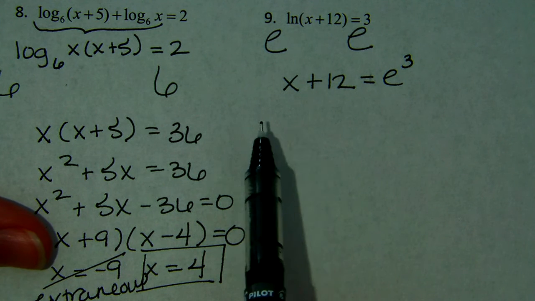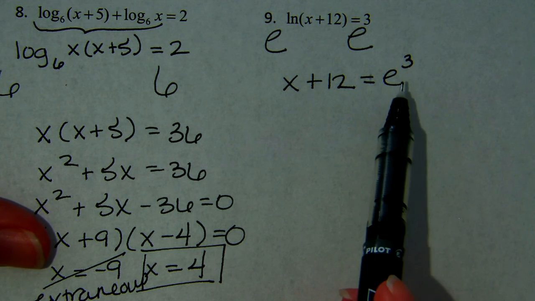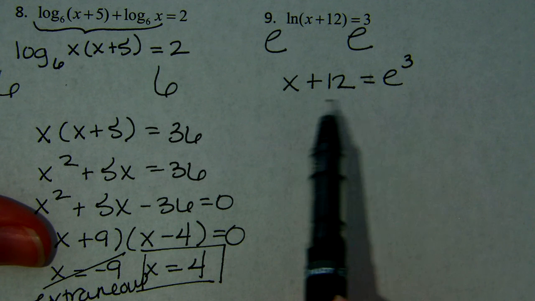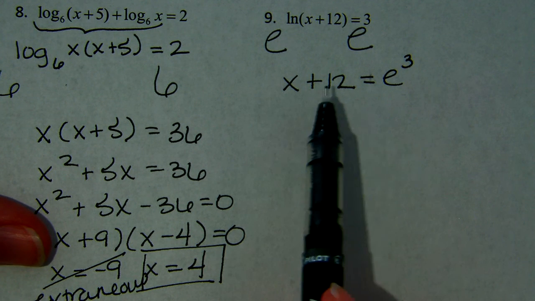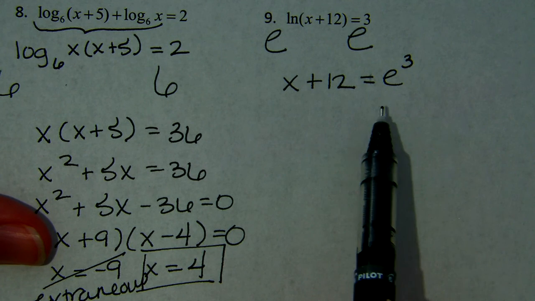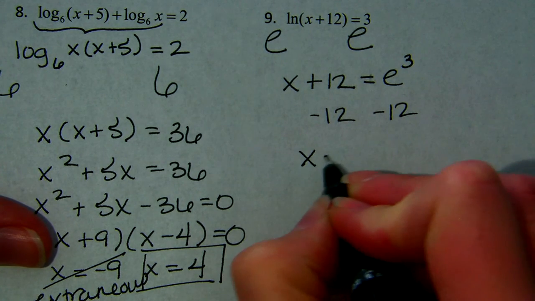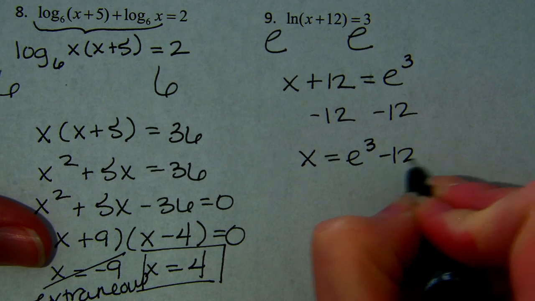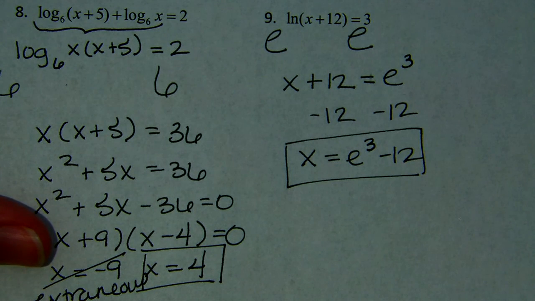Now with this, like with that x to the 5th I showed you earlier, guys, e to the 3rd is a decimal. It's a long decimal. It's an irrational number. So what we want to do is we just want to leave it e cubed. And so just solve for x. We subtract 12 from both sides, and I get x is equal to e cubed minus 12. And you're done. Sort of like the log equations from Friday.